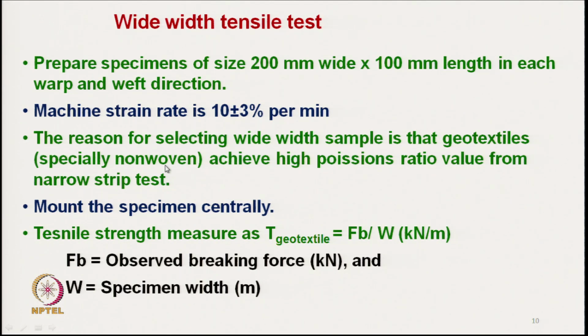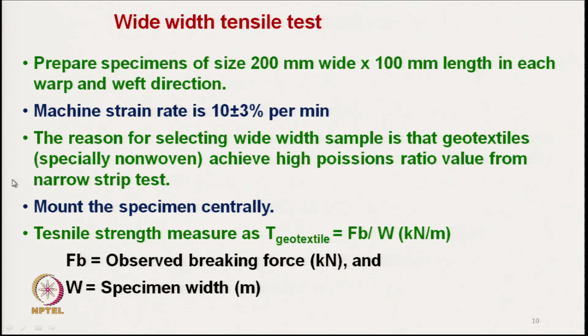The reason for selecting the wide width sample is that geotextile, particularly non-woven, shows high Poisson's ratio from a narrow strip. So, that will not give the actual result.